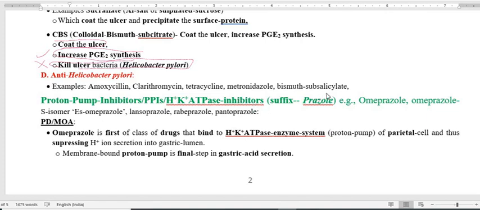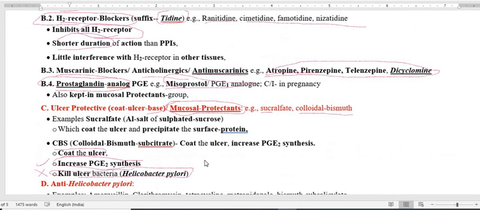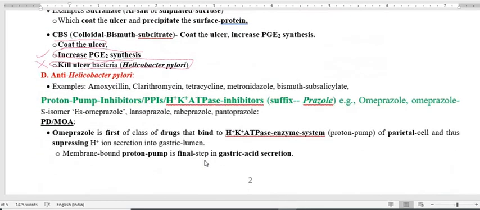So this is all about the classification of the drugs used for the therapy of peptic ulcer or acidity or GERD or Zollinger-Ellison syndrome.